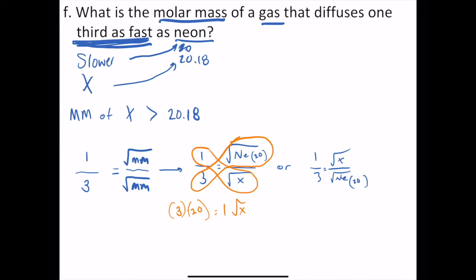If you look at this one over here, what's going to happen now is you're going to have 3 square root of x equals 1 times 20. To solve for x for the second one, what do you have to do with the 3? You have to divide by 3 on each side.